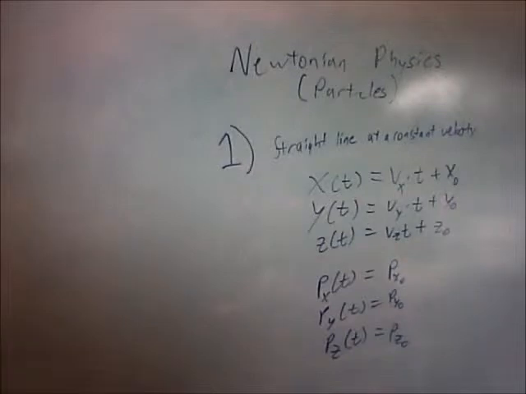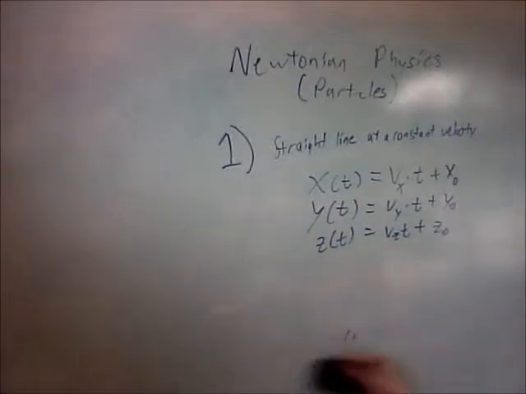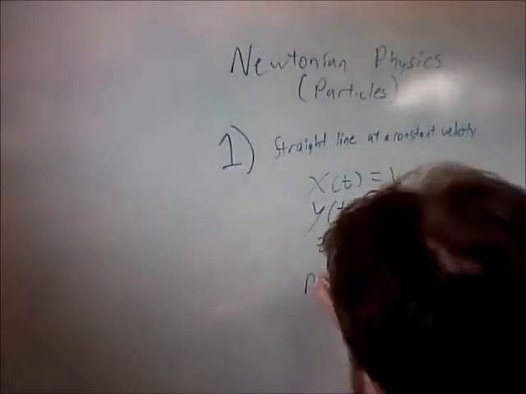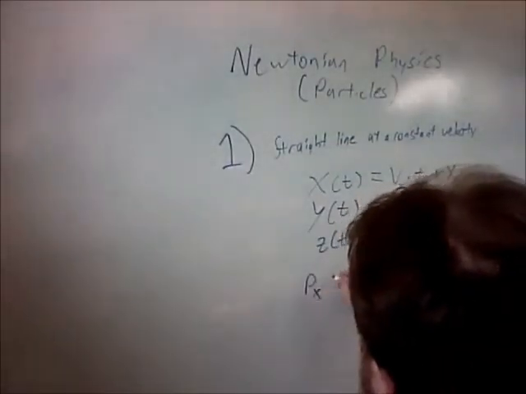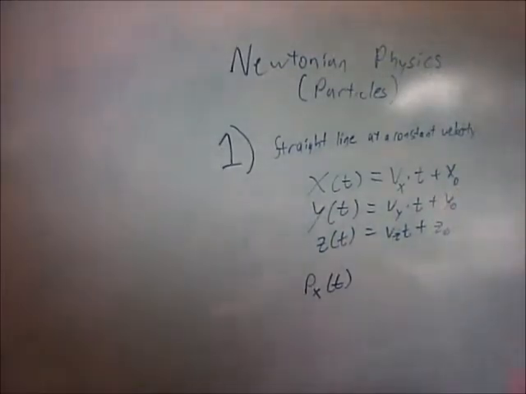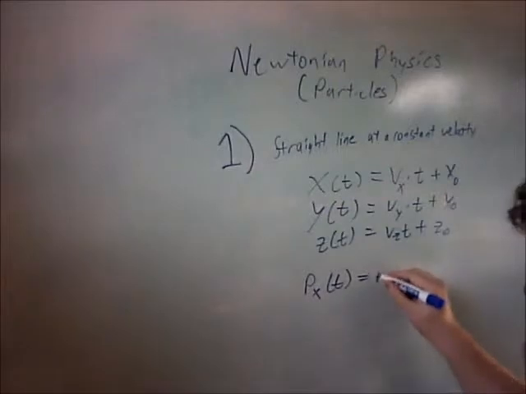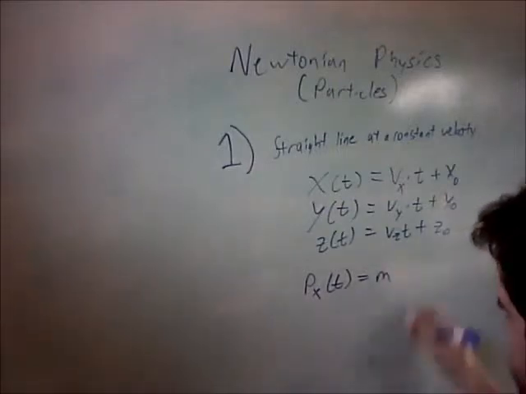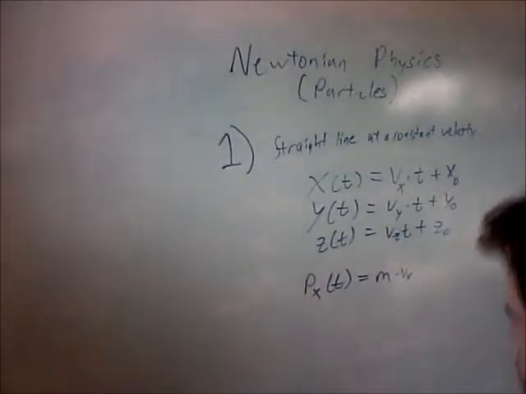Now, you may note that momentum in a particular direction, momentum in the x direction, as a function of time, is equal to the mass of the particle times the velocity in the x direction.